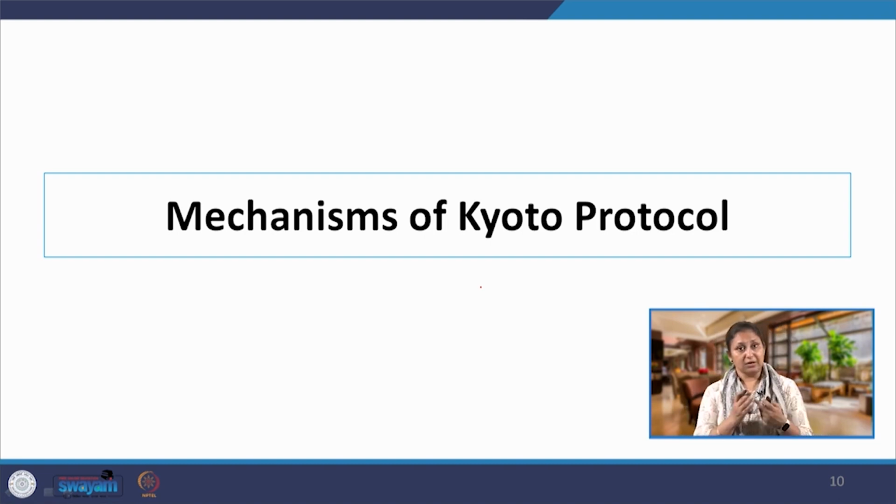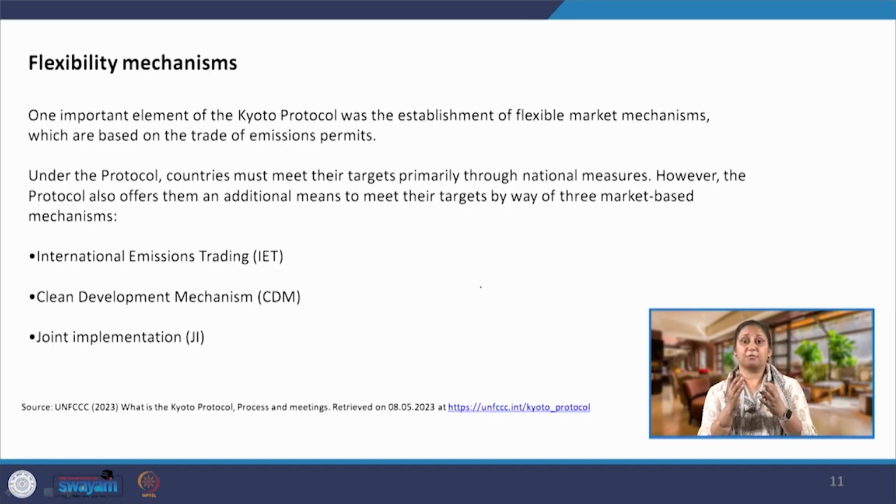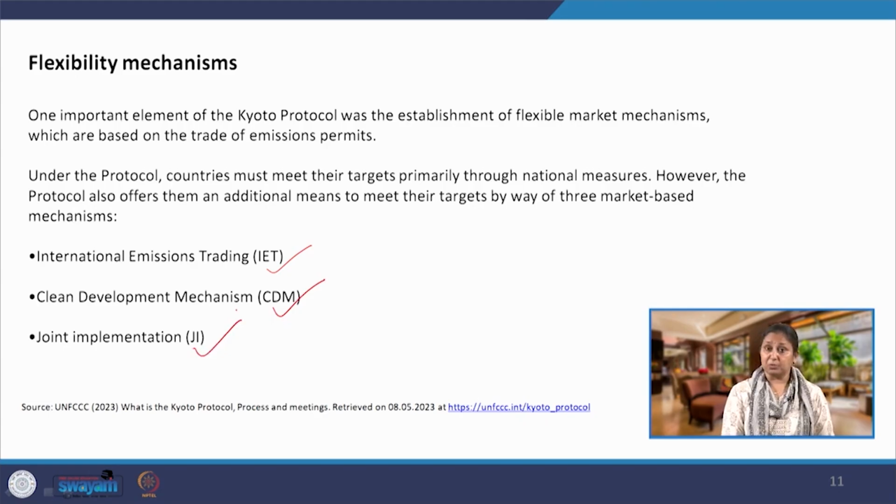There are certain purchasing mechanisms in Kyoto Protocol, and they were very flexible. The success of Kyoto Protocol was through the flexibility mechanisms that it devised. We are largely looking at these three market based mechanisms: international emissions trading, clean development mechanisms and joint implementation.